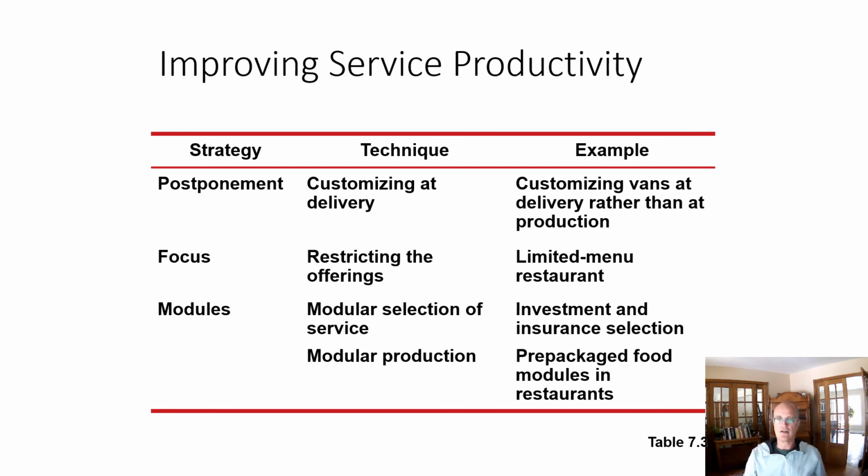Postponement is the concept where you don't do the final assembly or the final decision, you customize it at the end. And postponement can happen in products too. For example, some clothing manufacturers won't do the final dyeing or coloring of items until they see which colors are going to be most popular.